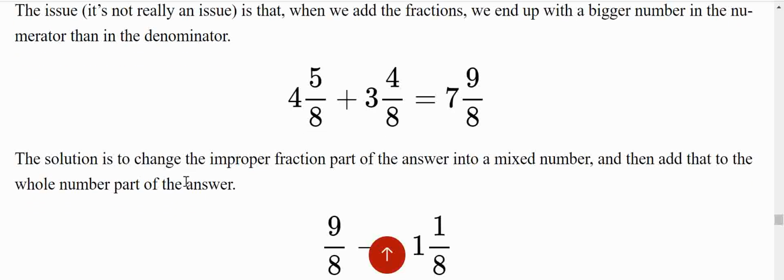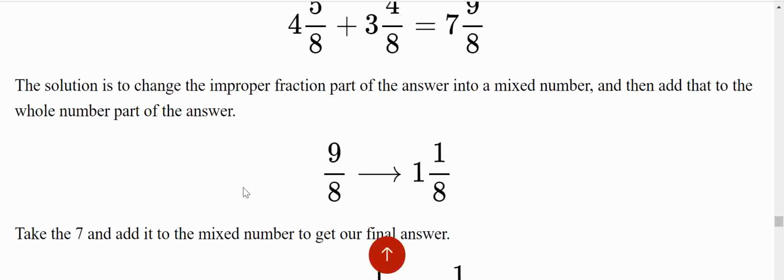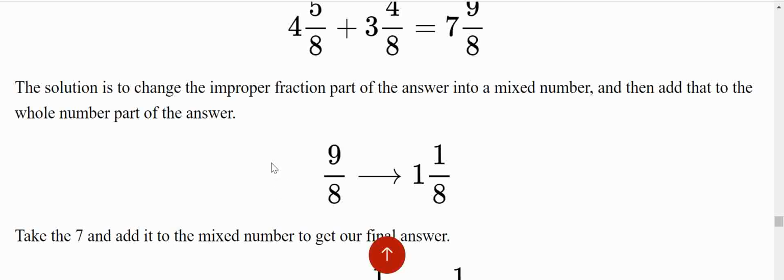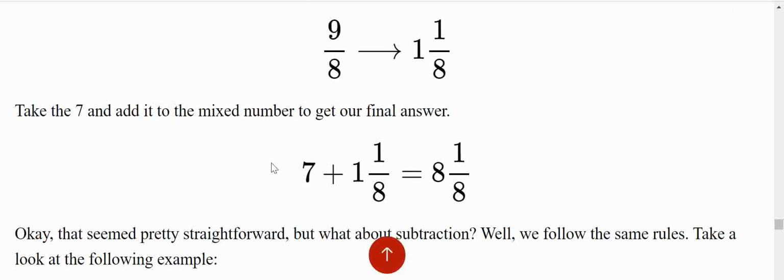The solution is to change the improper fraction part of the answer into a mixed number and then add that to the whole number part of the answer. So 9 over 8 can be rewritten as 1 and 1/8. Take the 7 and add it to the mixed number to get our final answer. 7 plus 1 and 1/8 is now 8 and 1/8.